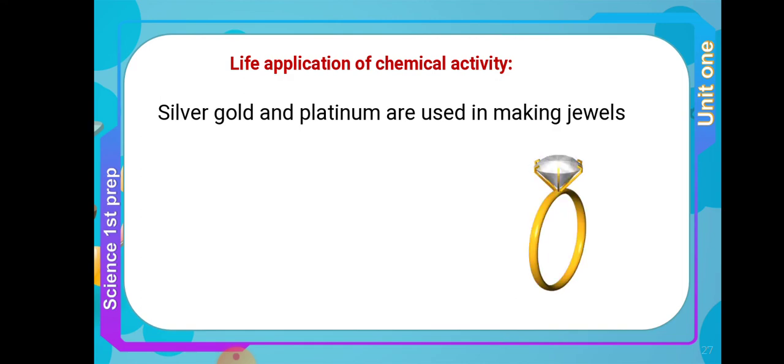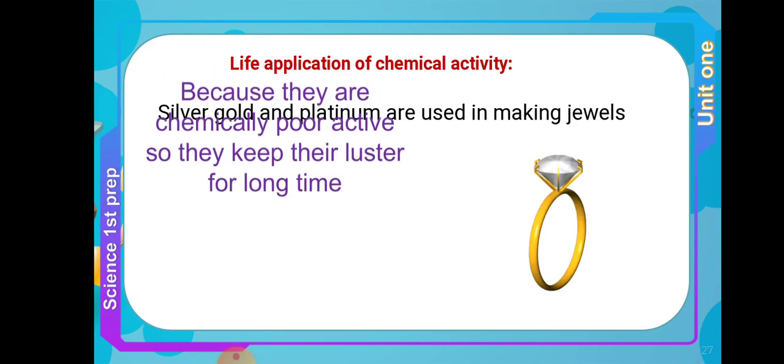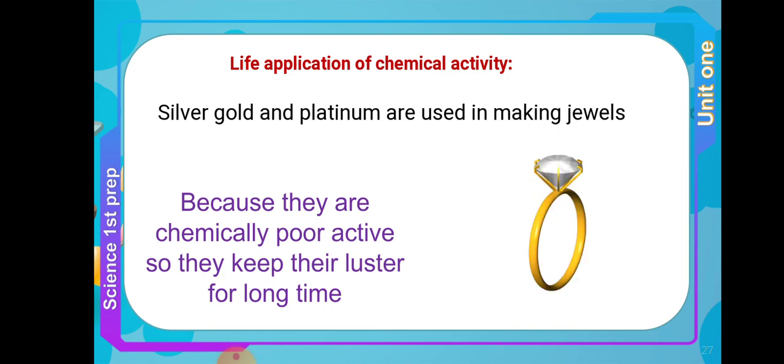Life application of chemical activity: silver, gold, and platinum are used in making jewels because they are chemically inactive. They keep their luster for a long time.